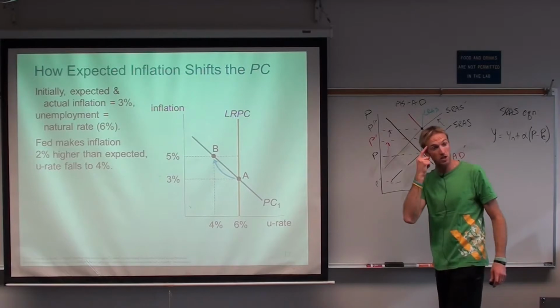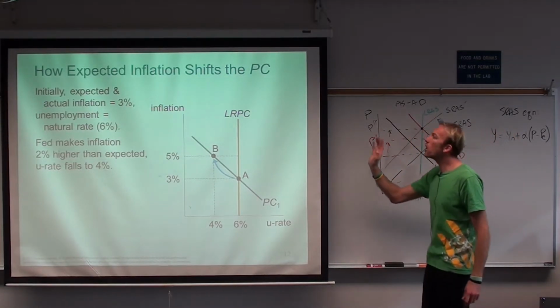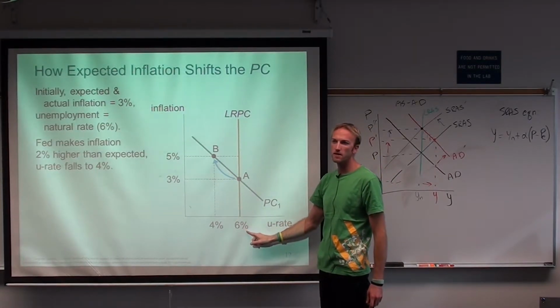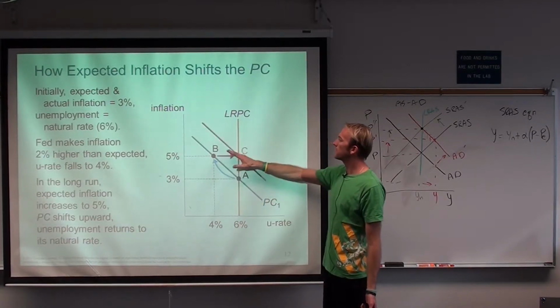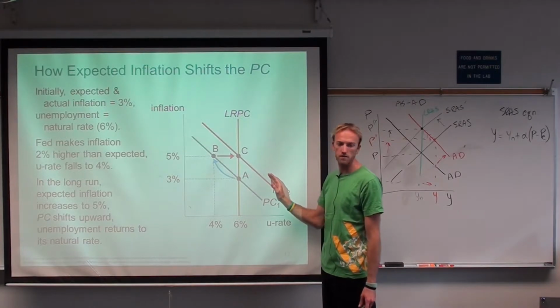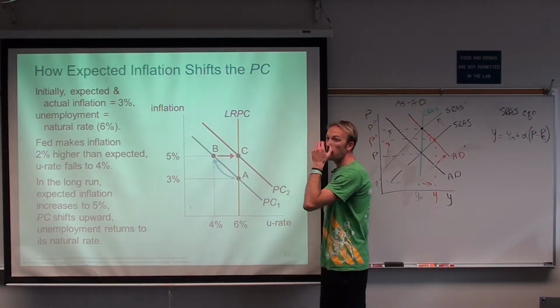People are going to catch up and change their expected inflation. I know the SRIS curve is going to move back, and I know I'm going to come back to what percent of unemployment? 6%, right? So how does that happen in the Phillips curve graph? Easy. I just draw a new Phillips curve. It shifts outwards. In the long run, it's going to shift the Phillips curve out.